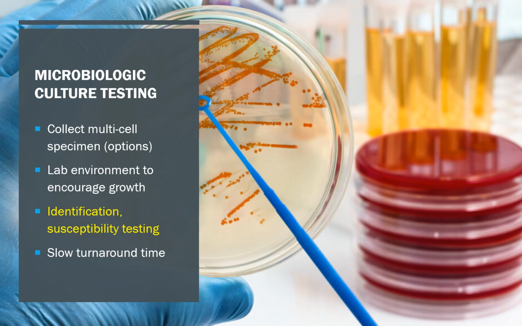So those are the key uses of cultures, again, for identifying specific organisms and to determine antimicrobial susceptibility. Results are often available within a few days, but some types of bacteria grow slowly and may take up to several weeks to get a result.